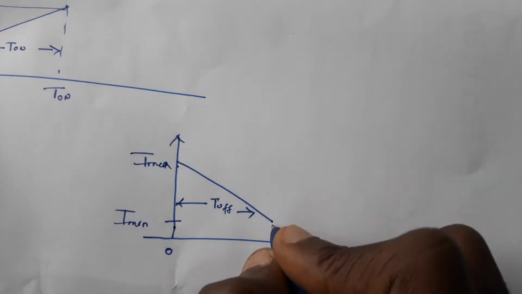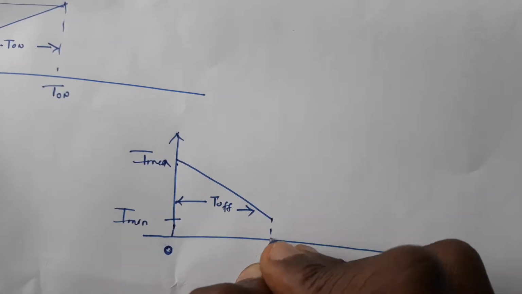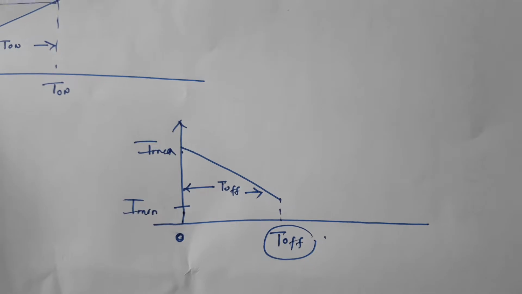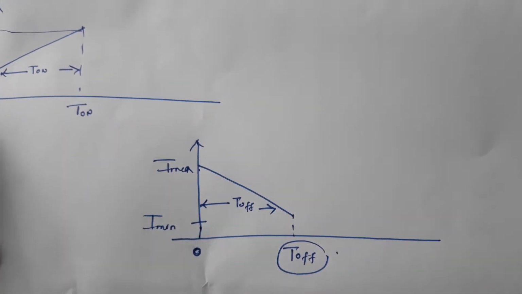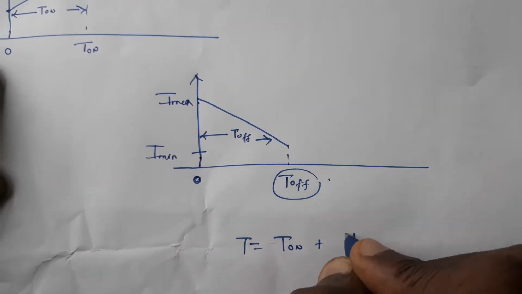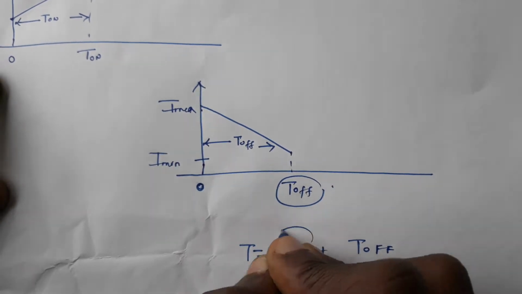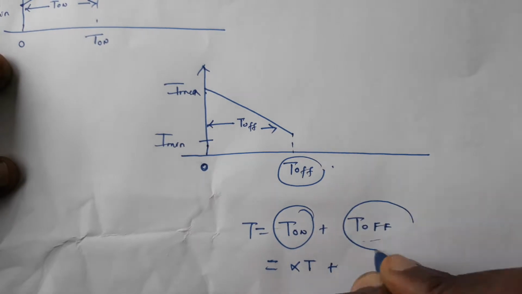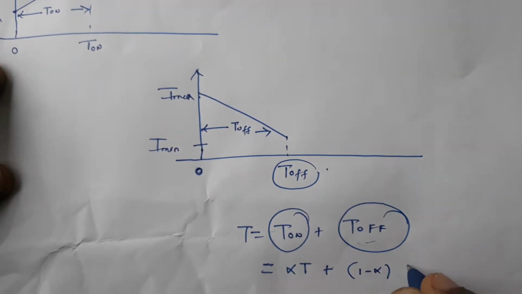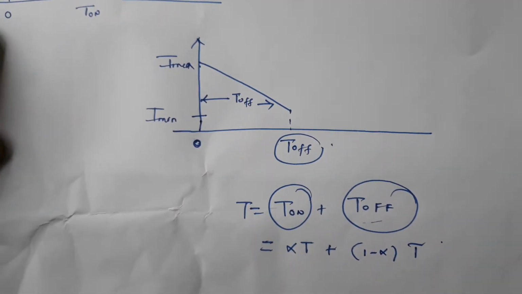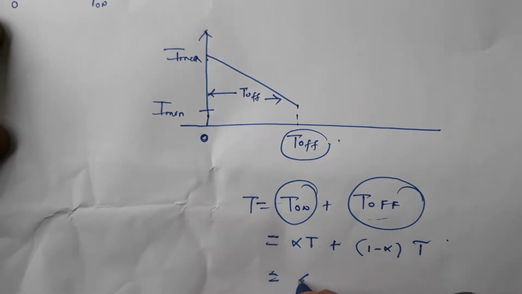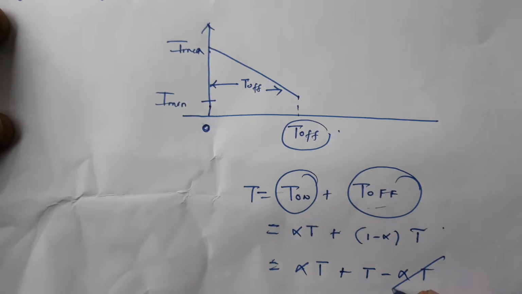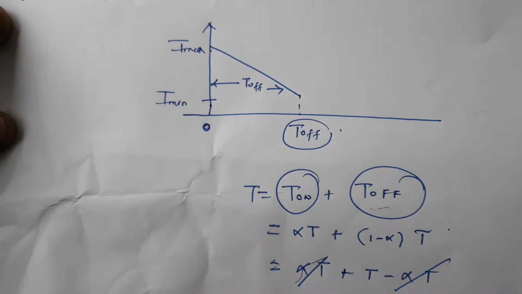We know that T is equal to T on plus T off, and this is alpha T, while this is nothing but 1 minus alpha T. You can prove that alpha T plus T minus alpha T gives nothing but T.